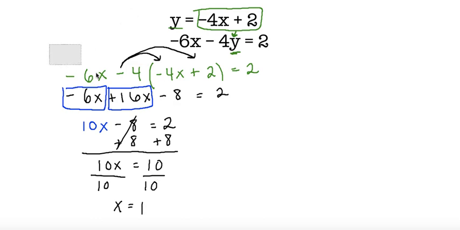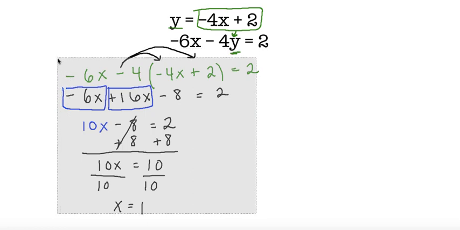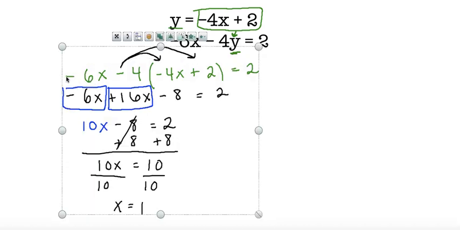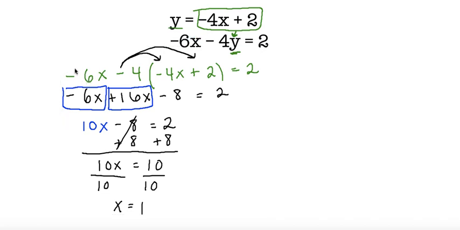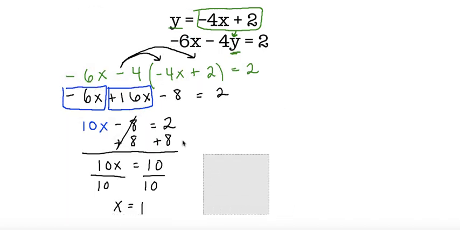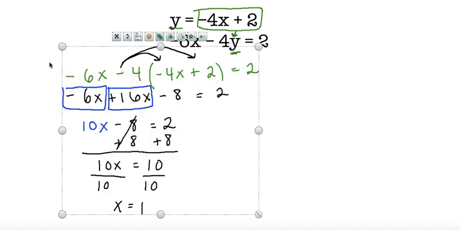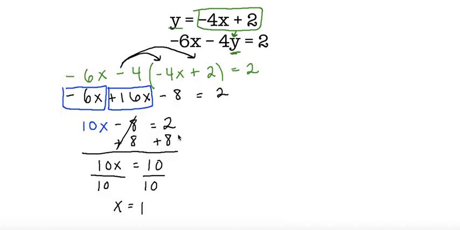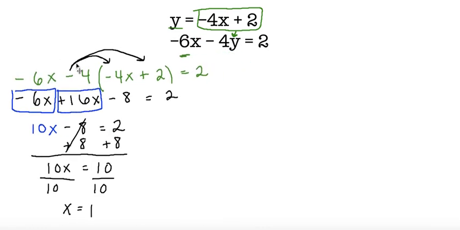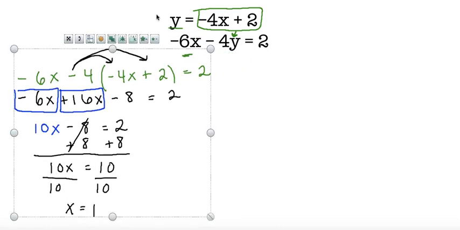So our two linear equations do meet where x is equal to 1. I'm going to just move this over. And we're going to take that x value and substitute it into both of our equations to find what y value, what's the coordinate. So we have our x value and we're going to find our y value as well.